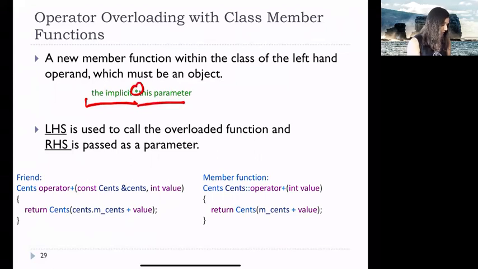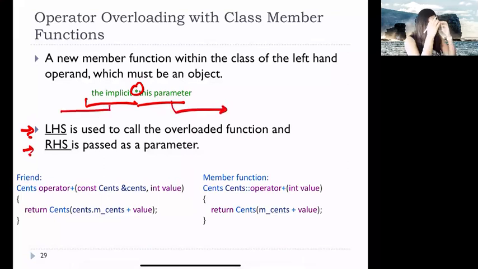In the same way, while you are using operator overloading with class member functions, your LHS is used to call the overloaded function, and your RHS is used to pass the parameters.